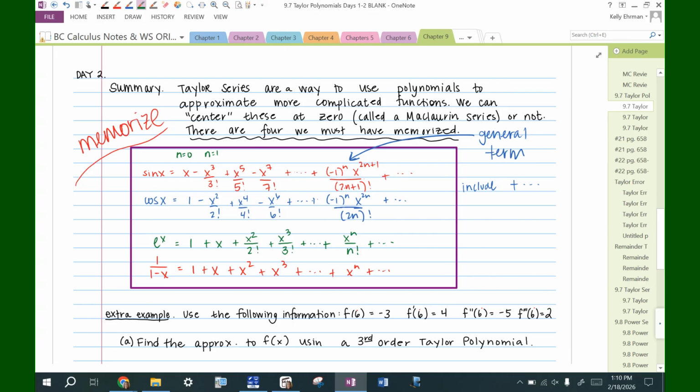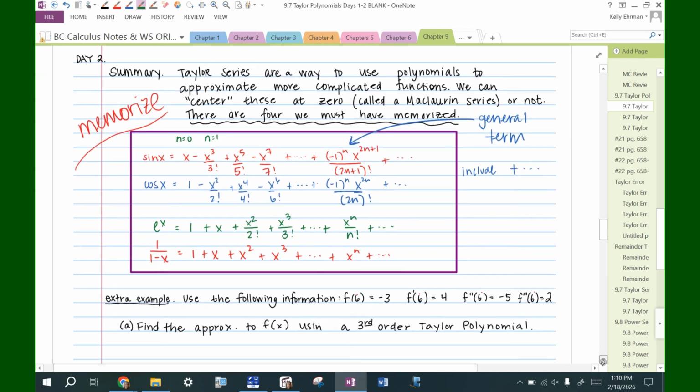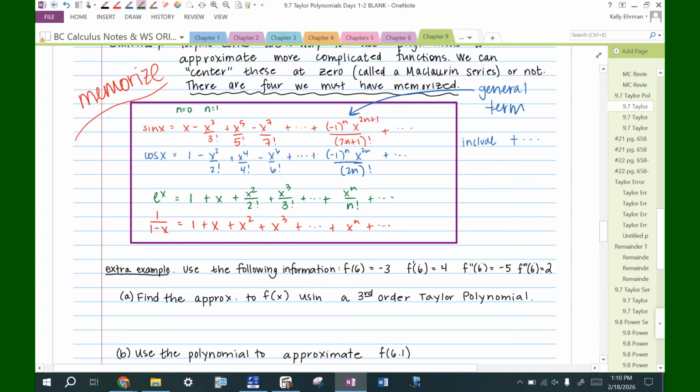This last one, 1 over 1 minus x, this might not be obvious just looking at it, but if you look at the terms, this is a geometric series. Remember, in a geometric series, you should be able to take any two consecutive terms and divide them and get the same common ratio. So x divided by 1 is x, x squared divided by x is x, x cubed divided by x squared is x.